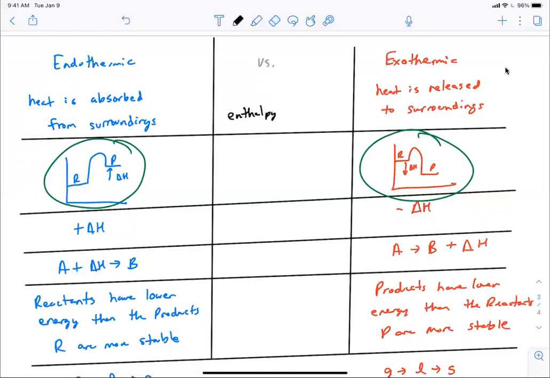They both have to relate things to enthalpy of combustion, enthalpy of formation, Hess's law, calorimetry, and bond enthalpy. Okay.